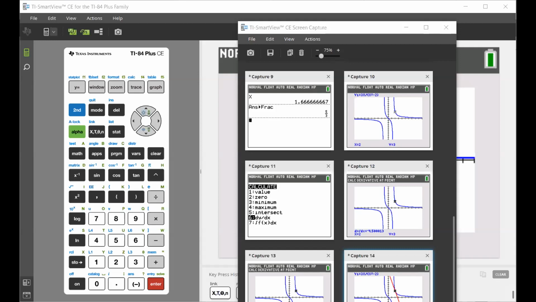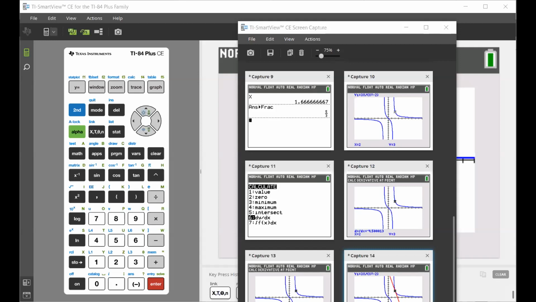Remove the parentheses: 4 times x, and distributing the minus 1 gives you minus 4x plus 10,000. Now in the top of that fraction, the 4x and the minus 4x cancel out. That leaves you with your derivative: P bar prime is 10,000 divided by x squared.